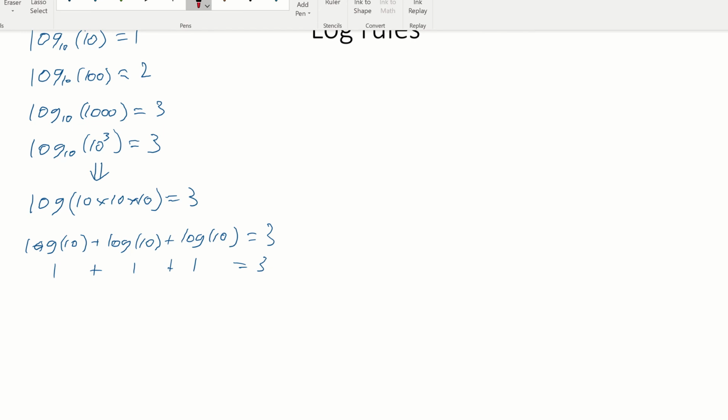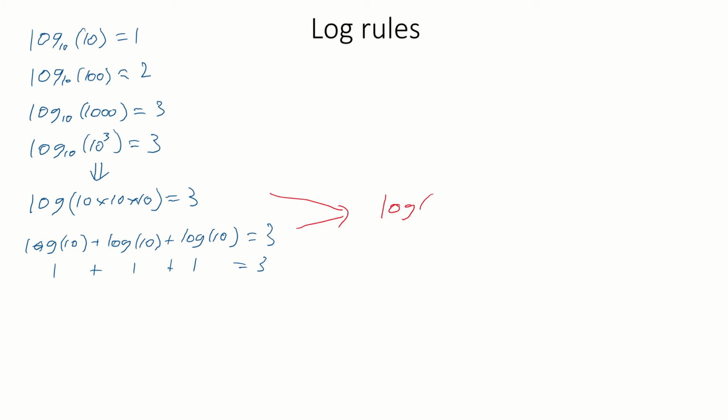Okay, so what have we observed? If we combine these two together, we can see that log of 10 times 10 times 10 is the same as log of 10 plus log of 10 plus log of 10. Or in general, log of a times b is the same as log of a plus log of b. And that is one of our log rules.